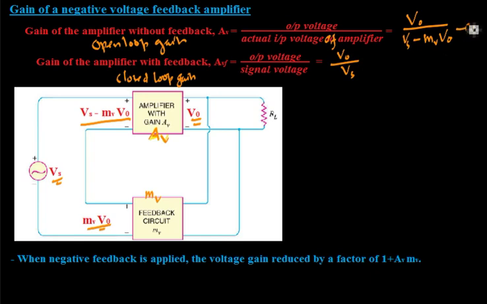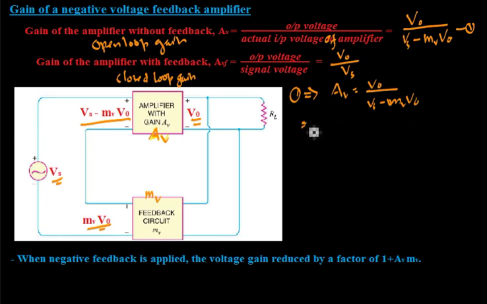Now consider this equation. If we modify the first equation, AV is equal to V0 divided by Vs minus MV into V0.